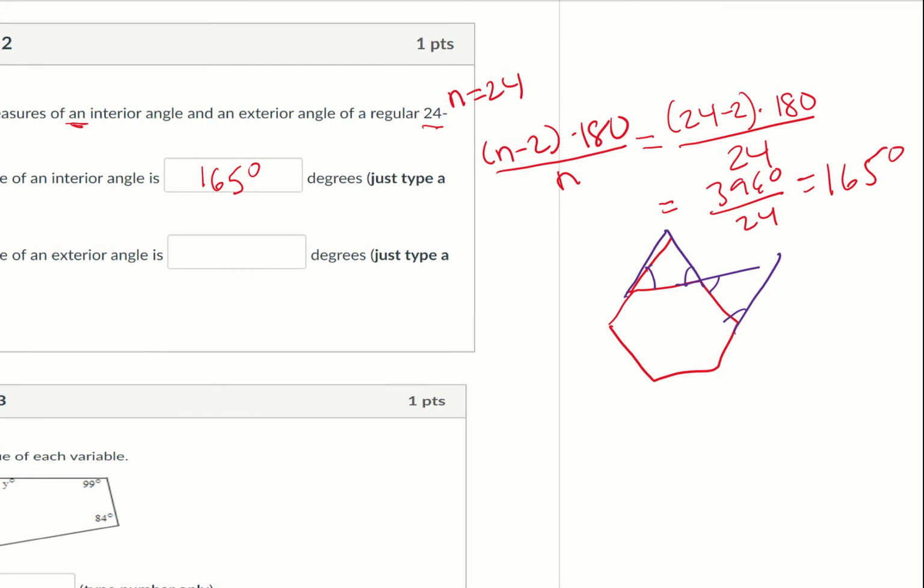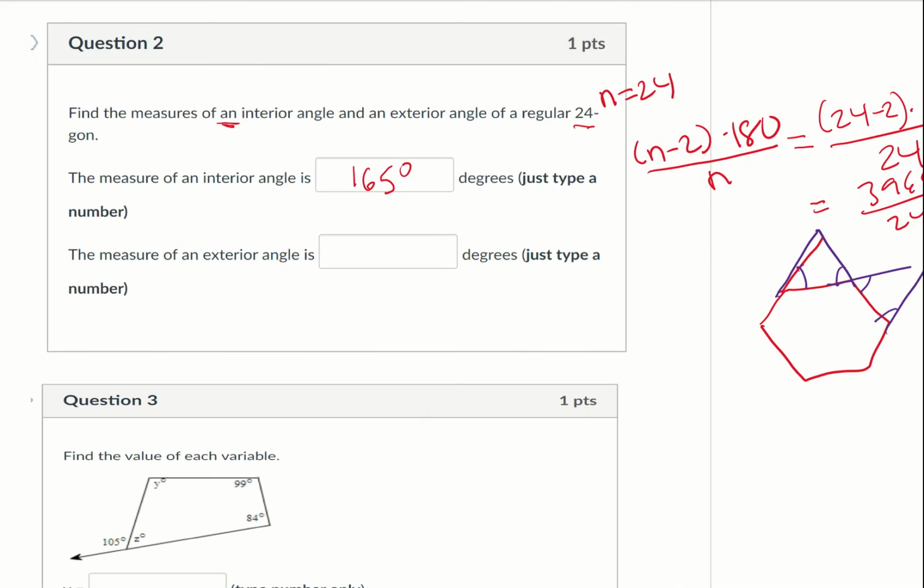So the sum of the exterior angles is 360. And so we're going to take 360 divided by how many sides we have, and that'll tell us how much each of the angles is worth, rather than the total. So in this case, we'll do 360 divided by the 24-sided polygon.